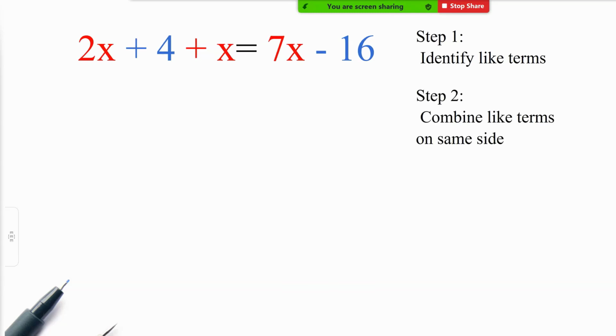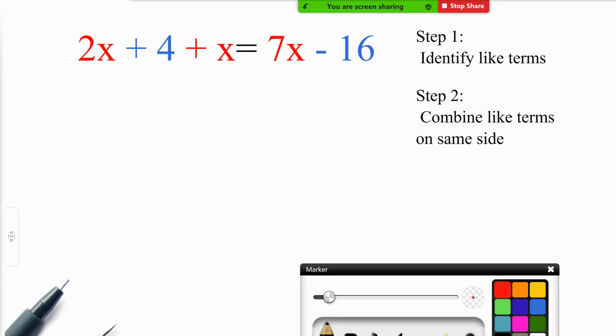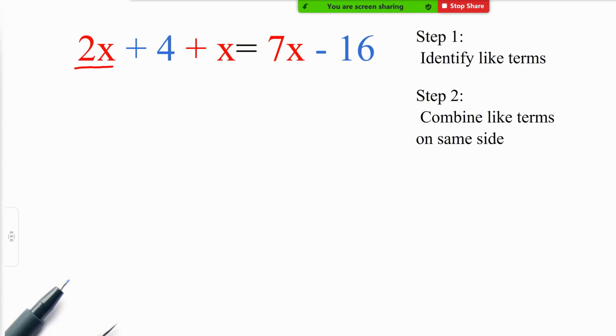Step 2 is going to be combine the like terms that are on the same side. I notice in this problem that 2x and 1x are on the left-hand side of this equation. So my first step is going to be to combine that using the signs. If I have 2x and 1x, that makes 3x on the left.